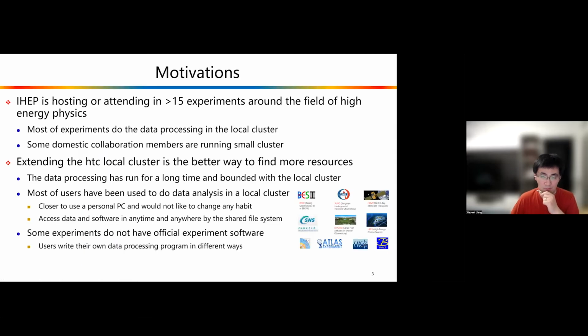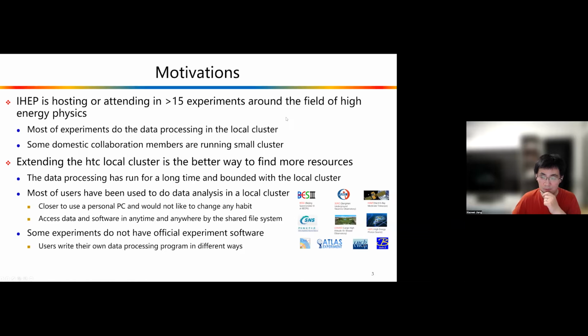So why don't we do complete grid computing, but just extend our local cluster? This depends on the requirements from the experiments. Now we are hosting and attending about 15 experiments.